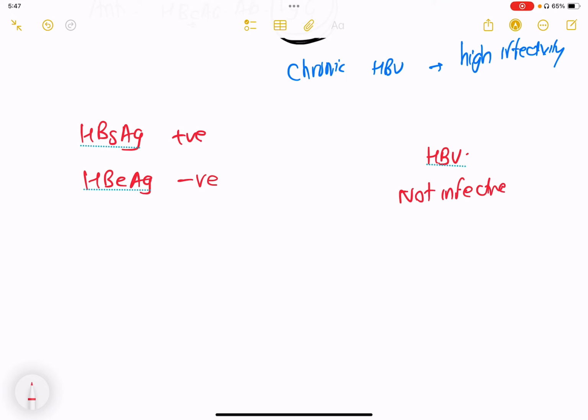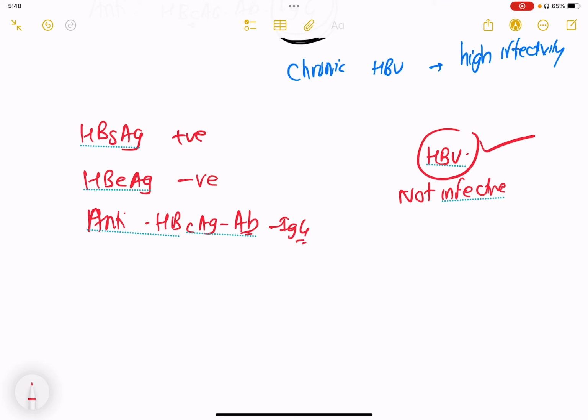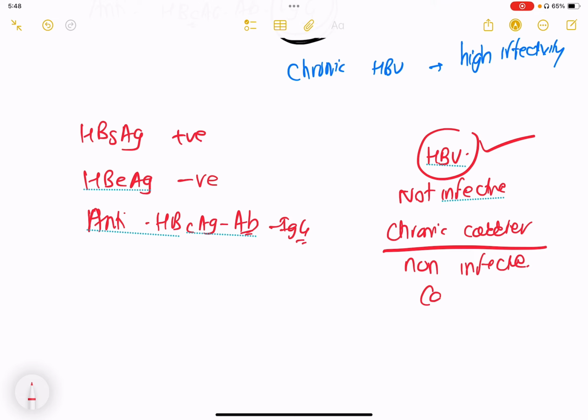And if the patient has anti-HBc antibody, and if it is IgG, what does it mean? That infection is there for sure. It means the patient is a chronic carrier, but the infectivity is not there. So the patient is non-infective. We can call it a carrier state.